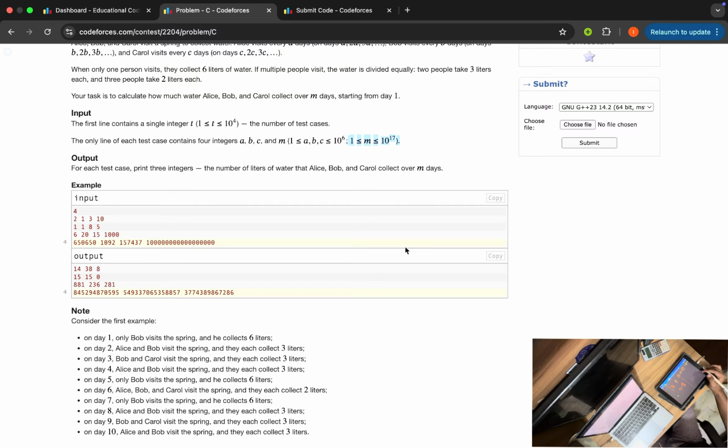Okay, all of them are common days 1 to 3. 1 into 2 into 3, divided by 10, I guess.